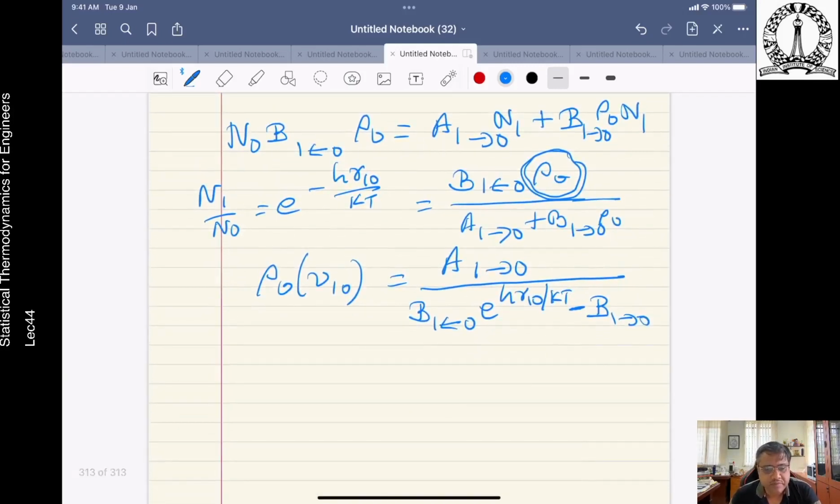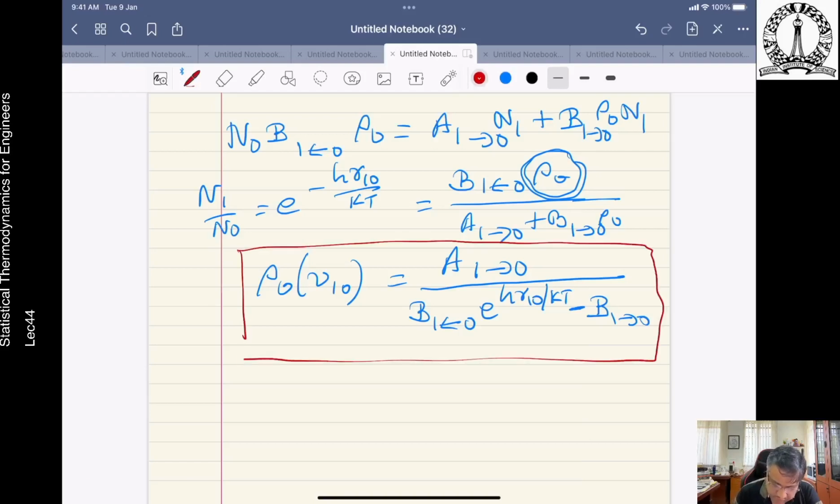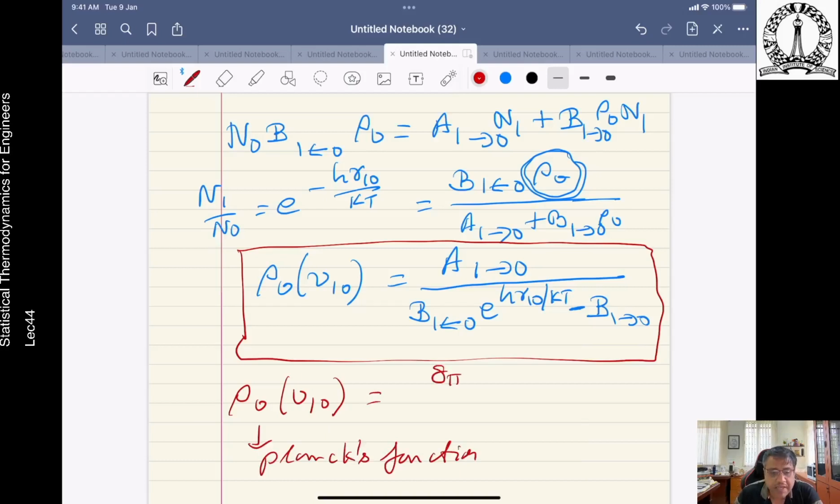Okay, this is what you are going to get. Where rho nu is also given by the Planck's function. So it is 8 pi h nu cubed divided by c cubed, times 1 by e to the power of h nu by kT minus 1.